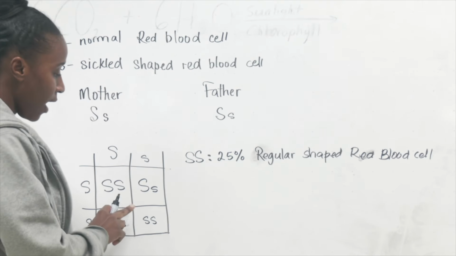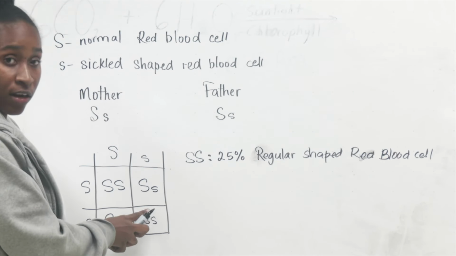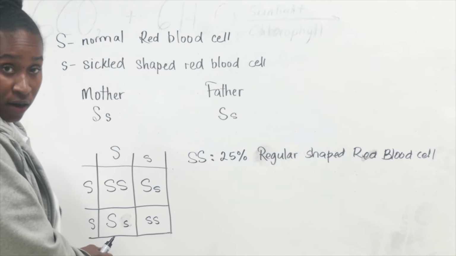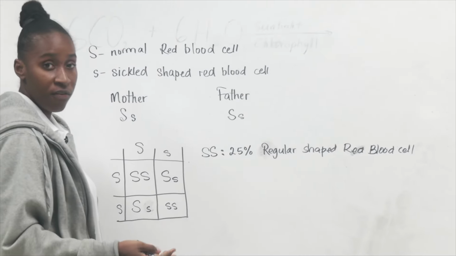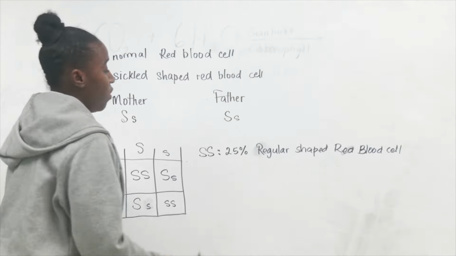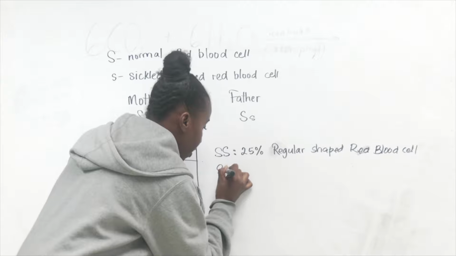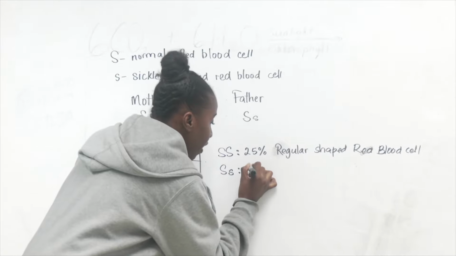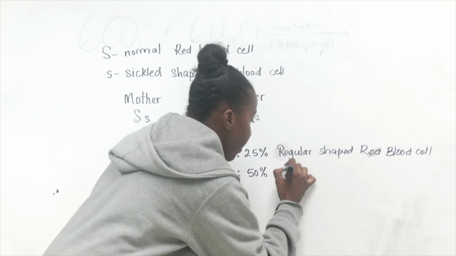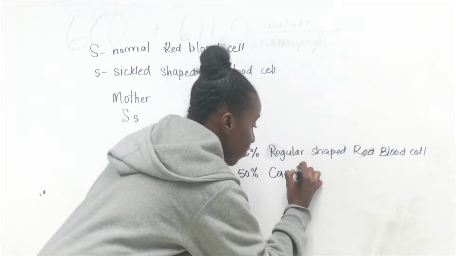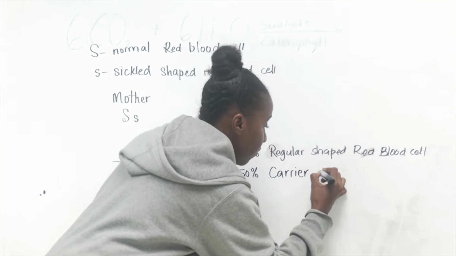Since we are seeing heterozygous, meaning a capital S and a small s in two different squares, we would have our two 25% adding together to give us 50%. So the parents who are carriers have a 50% chance of getting a child who is a carrier for the sickle cell trait.